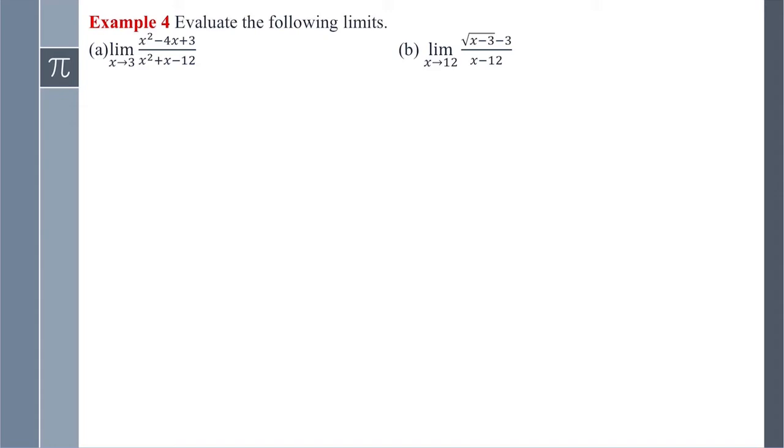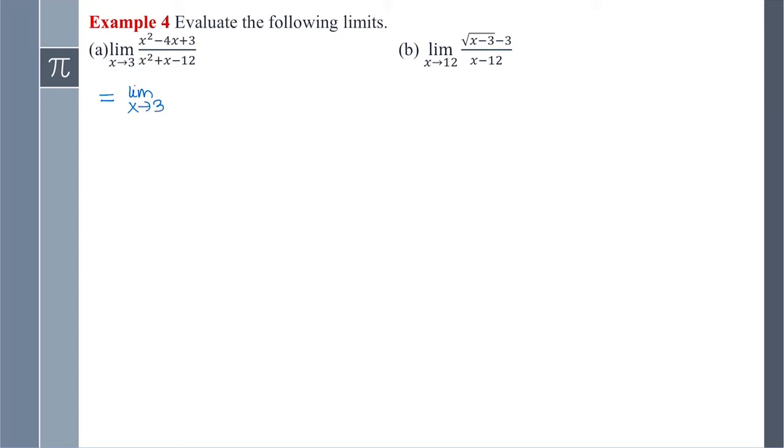Usually in this type of function, we should be able to factor the numerator and denominator separately, and simplify by canceling. Let's see if we can do that. So this equals the limit as x approaches 3.